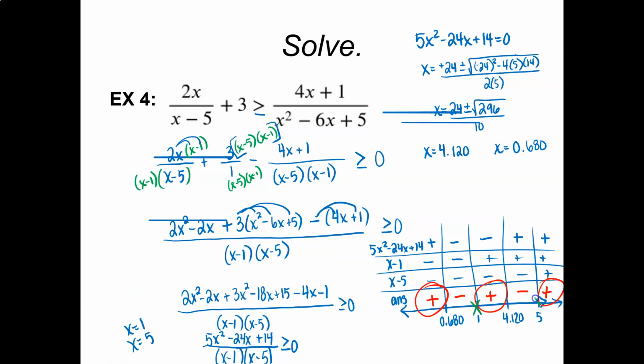So 1 is out, 5 is out. So to write my answer for this, I would do negative infinity to 0.680, parentheses, 1 to 4.120, and then 5 to infinity there.